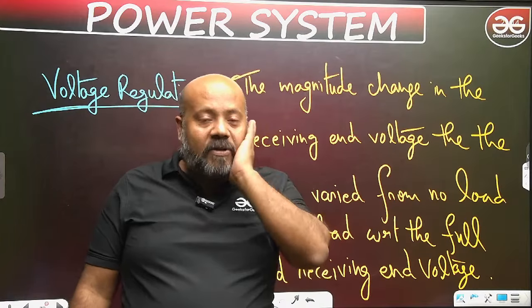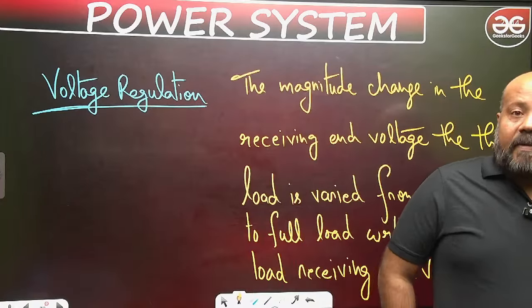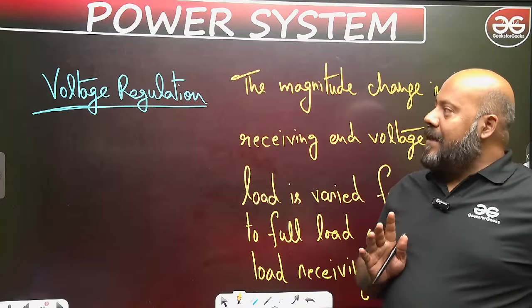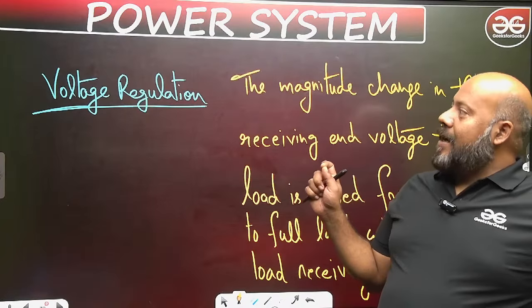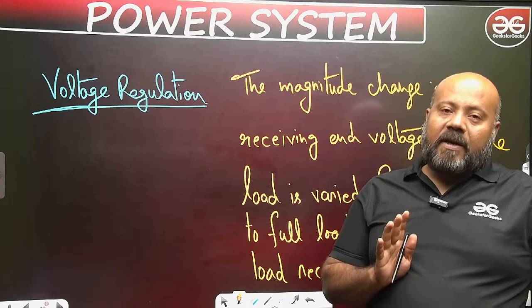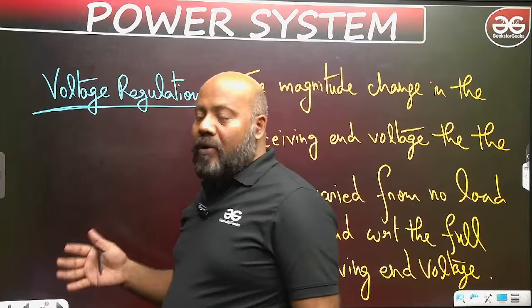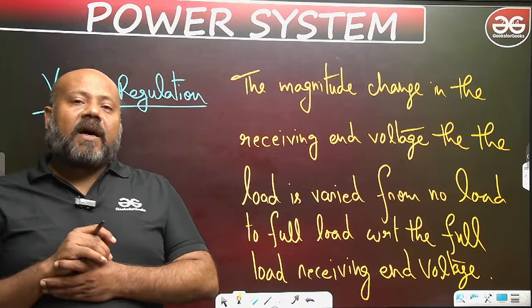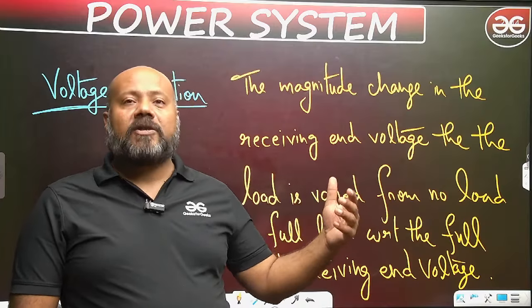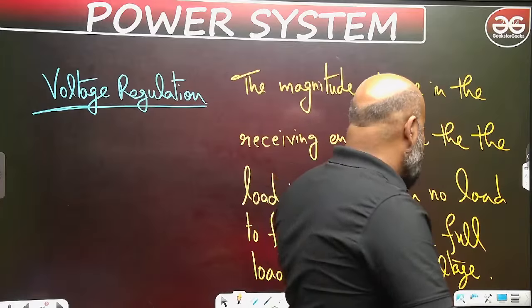That is the only way consumers check whether the quality of power supply they are getting is good or bad. So it is very important that for any transmission line the voltage regulation should be as minimum as possible. It means from no load to full load, if the load is varied, the magnitude of the receiving end voltage should not change beyond a certain range.